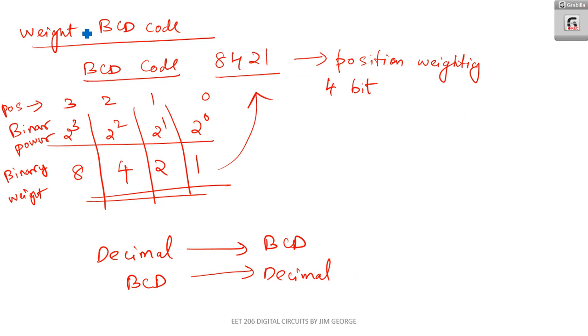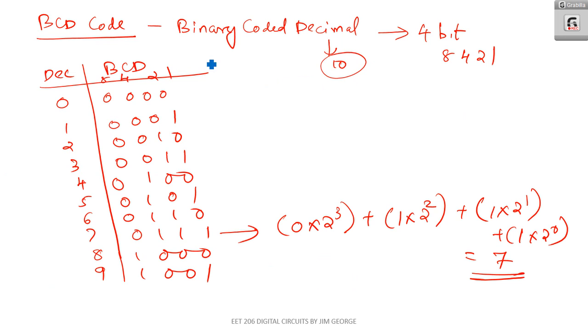An example of a weighted BCD code is 8421. Where did you get 8421? From 2 power 3, 2 power 2, 2 power 1 and 2 power 0. In binary coded decimal we have 10 numbers: 0000, 0001, 0010, 0011, 0100, and so on.